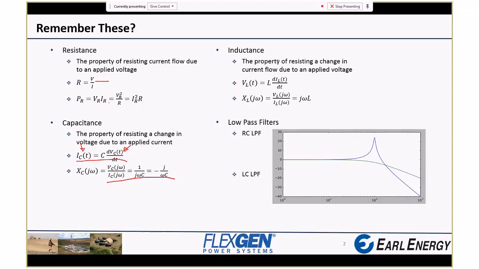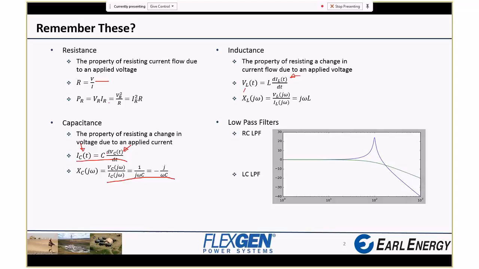Inductance is the property of resisting a change in current due to an applied voltage. So inductance and capacitance are analogs to each other. With an inductor, you apply a voltage and get a change in current, whereas capacitors were the other way.